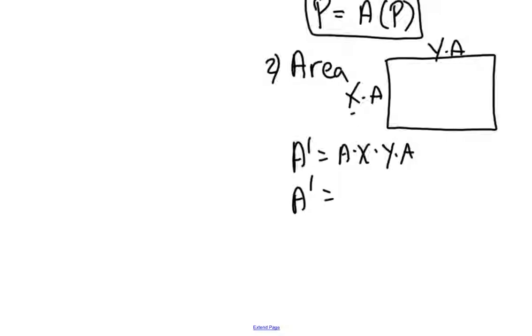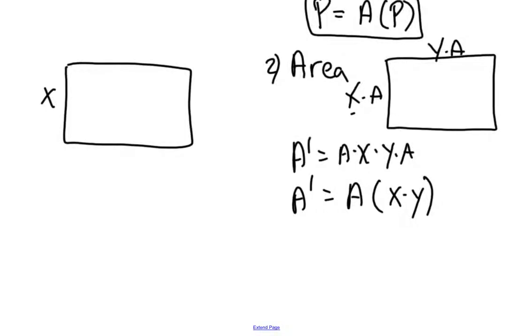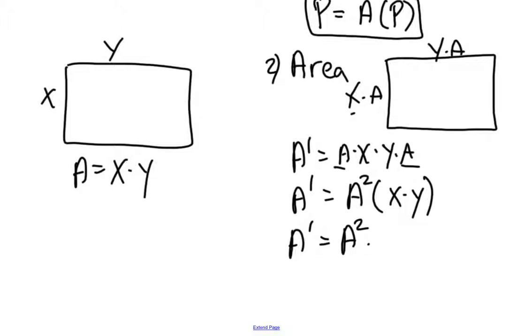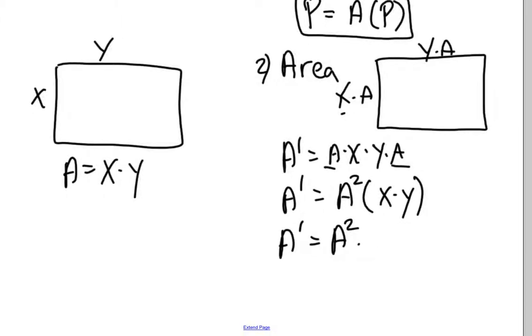A prime will just be the common factor of A, x times y, which if you consider your original rectangle, the area here is x times y. So that means our area by substitution is our K factor, oh, shoot, it should be squared, shouldn't it? Squared. A times A is A squared, times x times y, which is our area. It's A. Oh, it's A. Yep. I'm probably using too many A's there, and I'm sorry for that.